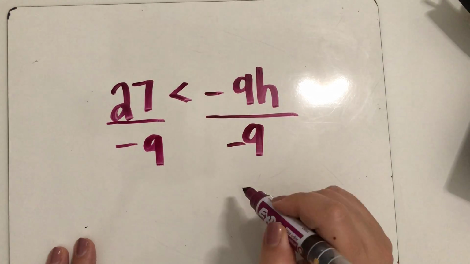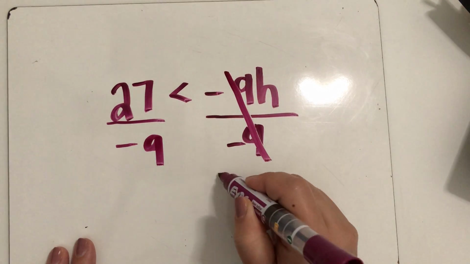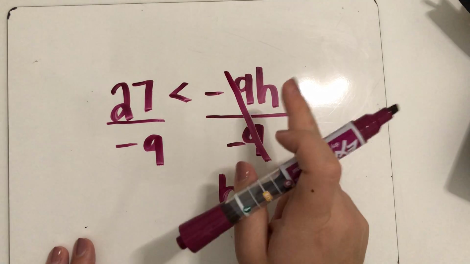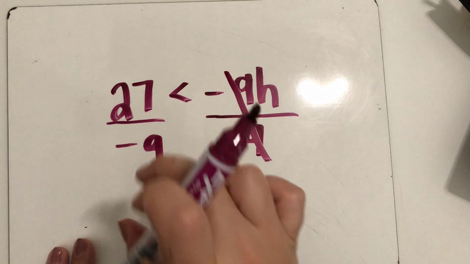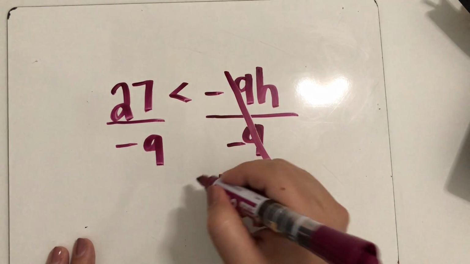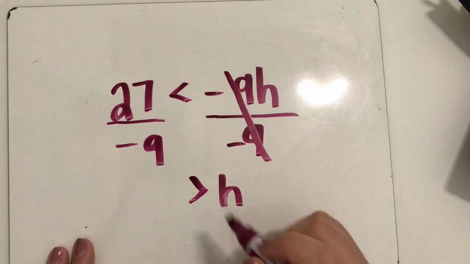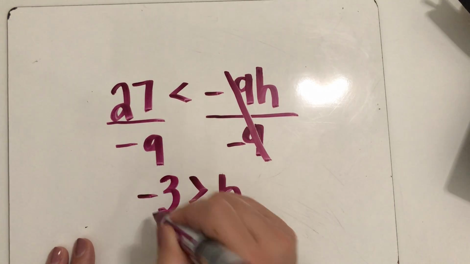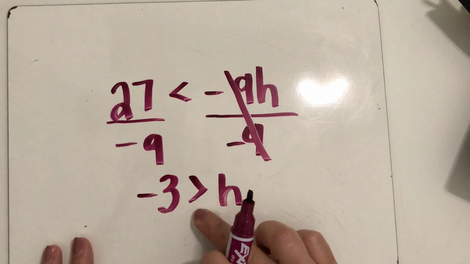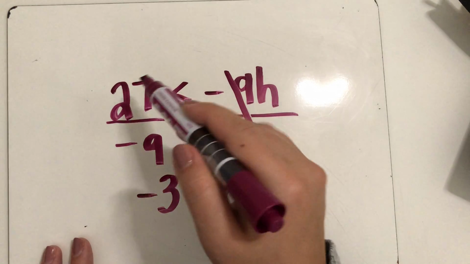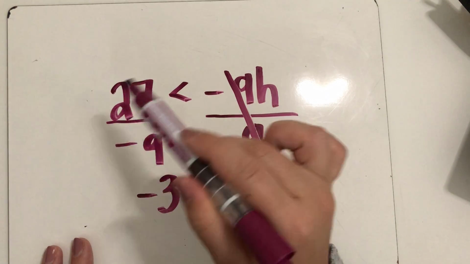Now, here's that extra step that we need to remember. Whenever we are multiplying or dividing by a negative number, our inequality sign gets flipped. Okay? This has to happen because you've now changed the sign of whatever's on this side.